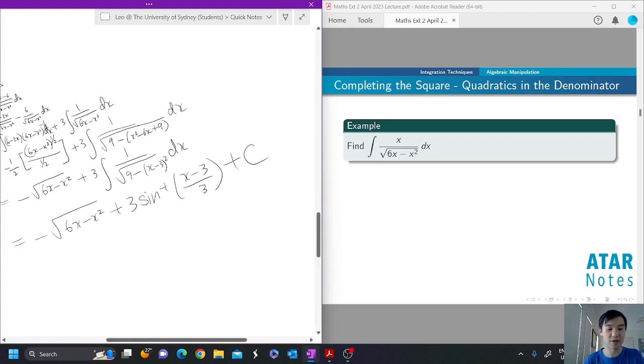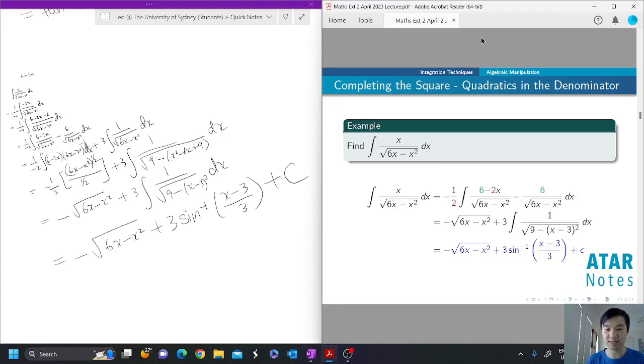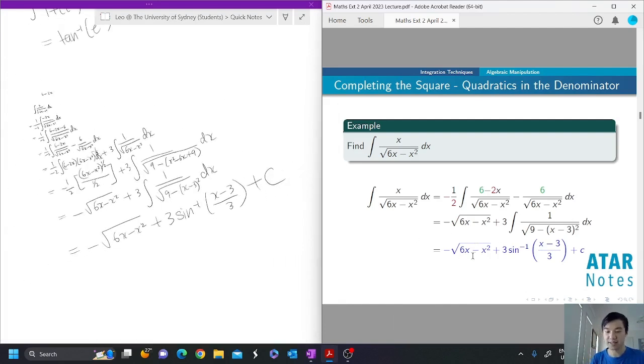And that is our final integral for what we get when we integrate x over root 6x minus x squared with respect to x. And we can see, yeah, that's exactly what we got here from the working. So it will be minus root 6x minus x squared plus 3 inverse sine x minus 3 over 3 plus c.